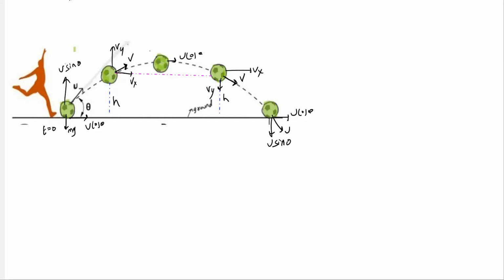At time t equal to t1, it will be here. At time t equal to t2, it will be here. So we are projecting from the ground at point O. It is the ground. Let me call this particular point A, and this particular point B.